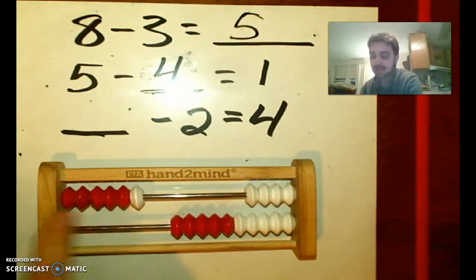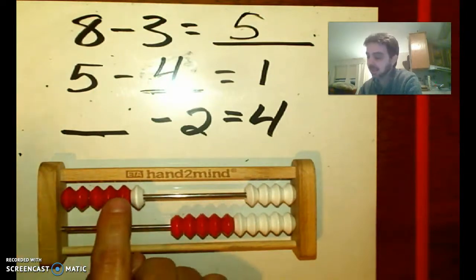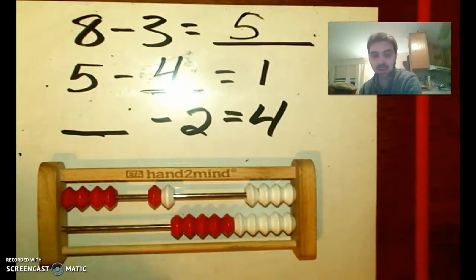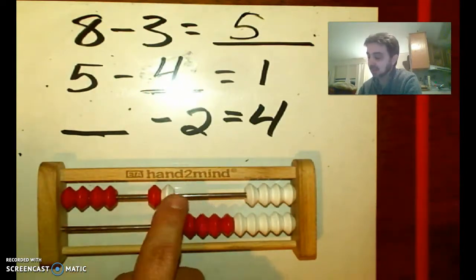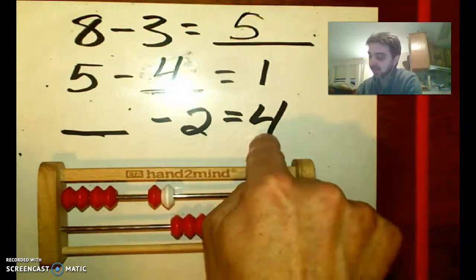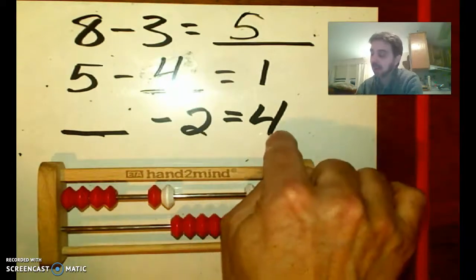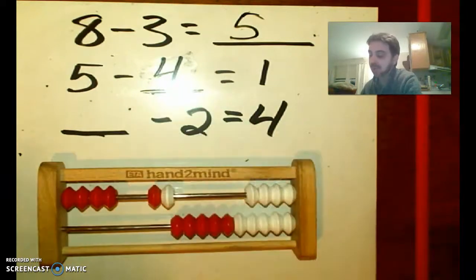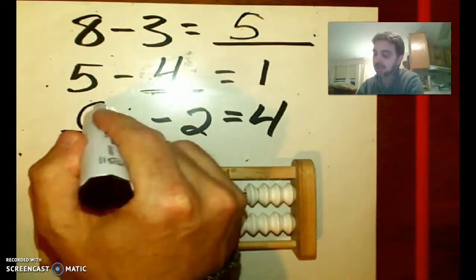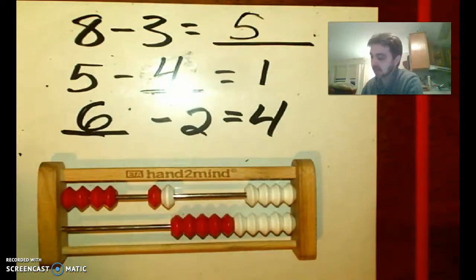I have 6. Is 6 take away 2, 4? Yes, it is, because we have the 2 parts, 2 and 4. And together, as we were talking about the other day, if you add 4 and 2, you get the total, because this is your total right here, 6. So that's another way to think about it.